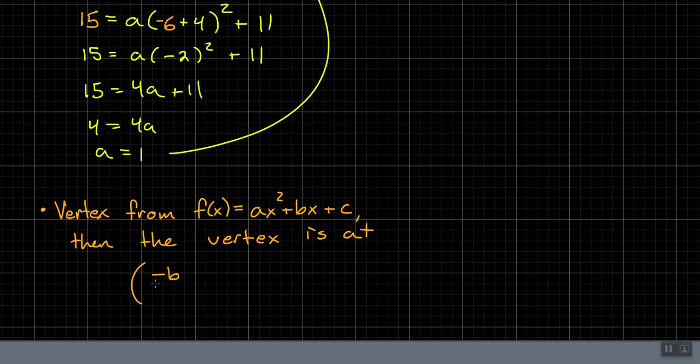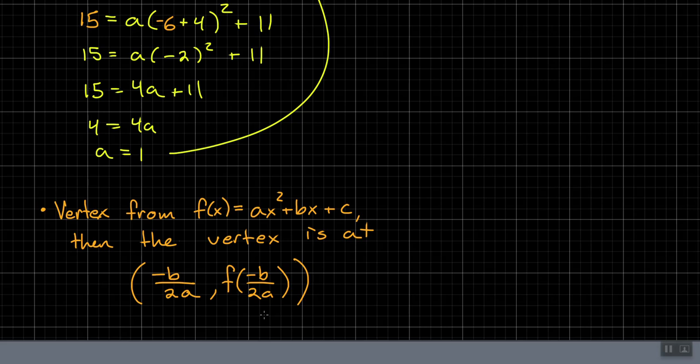Negative b over 2a is the x value that you will always get. And then I just have to plug it back into my function. If this were a 4 for x, I know that the vertex happens at 4 and whatever I get when I plug 4 into the function. This looks really ugly, but it's f of negative b over 2a. You can always find the vertex this way.